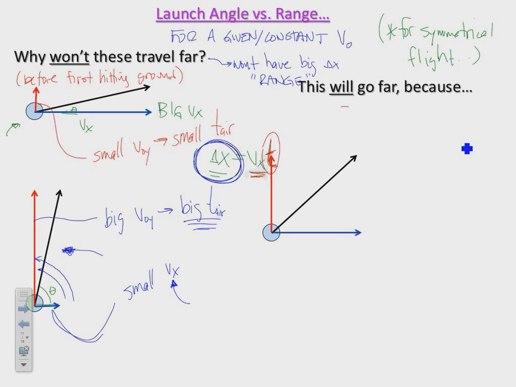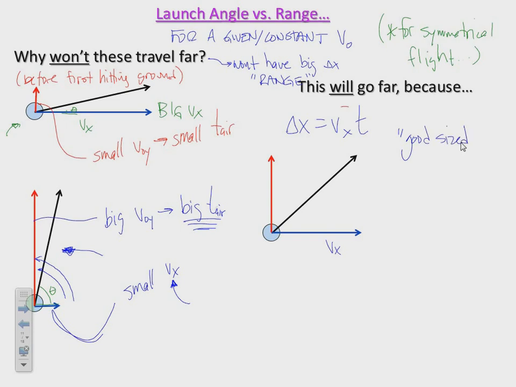Uh-oh. And why is that? Well, it doesn't have the biggest Vx ever, right? Delta x is Vx times t. The Vx isn't huge, but it's pretty big, right? So that's a good sized horizontal velocity.